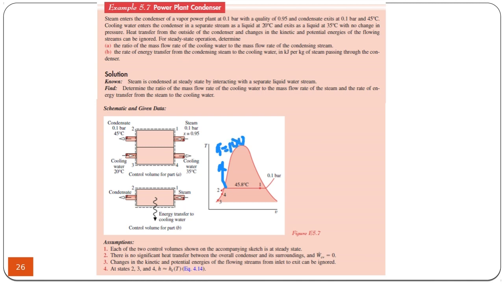But it's cooled down below the saturation temperature, so the temperature here is 45. So in order to condense the steam with a 95% quality to subcooled liquid at 45 Celsius, some amount of cooling water coming into the system at 20 Celsius and leaving at 35 Celsius is used.